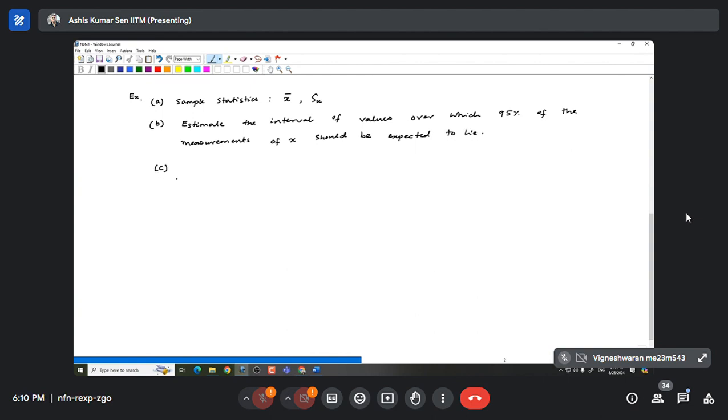And we also want to estimate the true mean at 95% probability based on this finite data set.